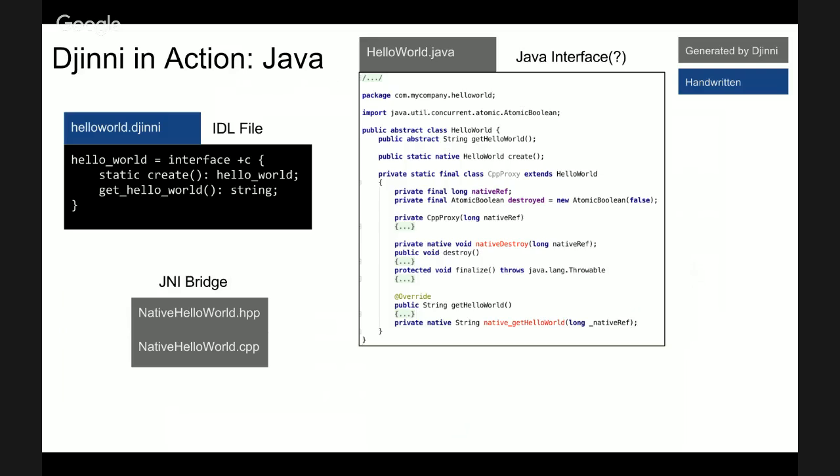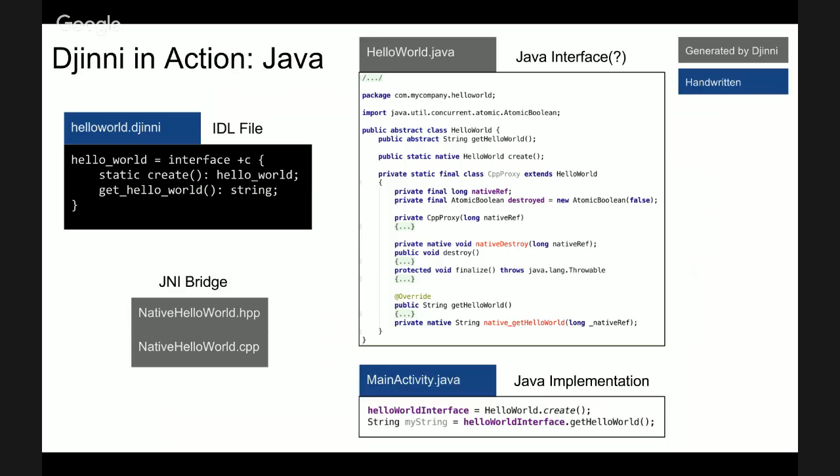I'm not sure if interface is the right word here, because we actually instantiate this directly from Java rather than having to implement all the methods. It kind of does that for us as well. And then finally, in our native code, in our main activity or wherever you like, you would just instantiate it and call methods on it. So that's what that looks like.